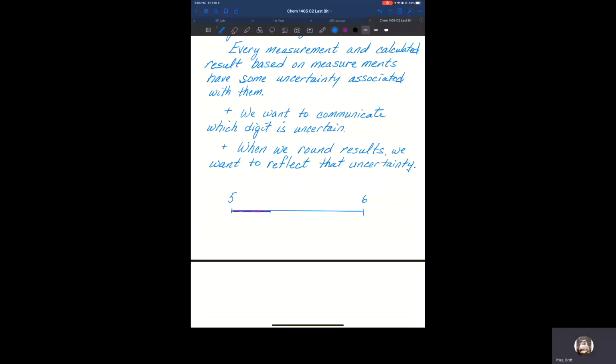We know the end of that line is between 5 and 6.